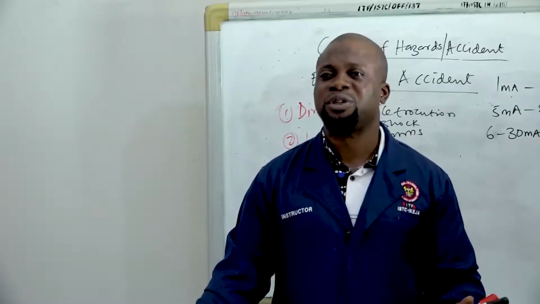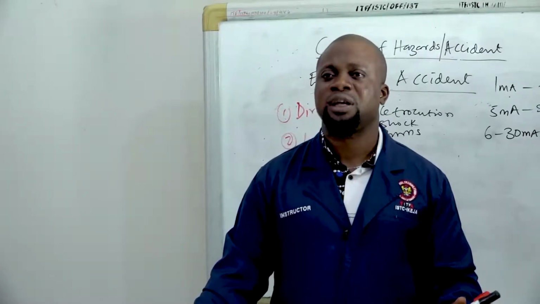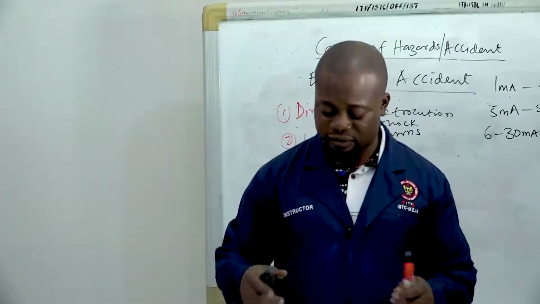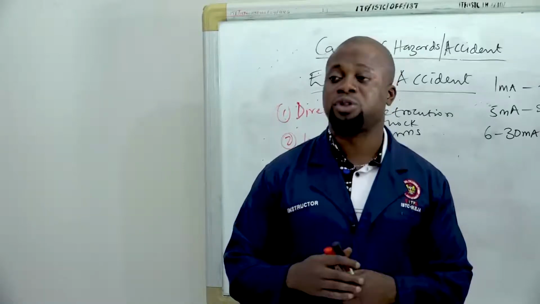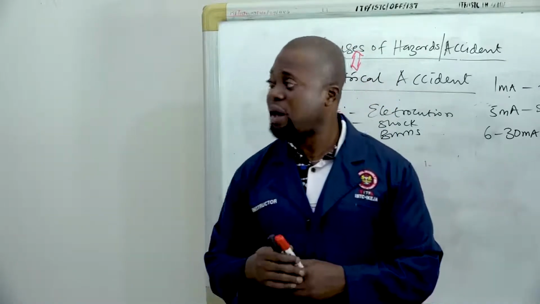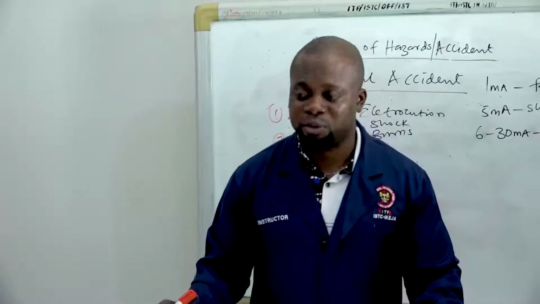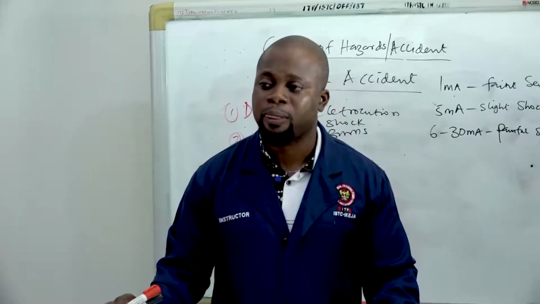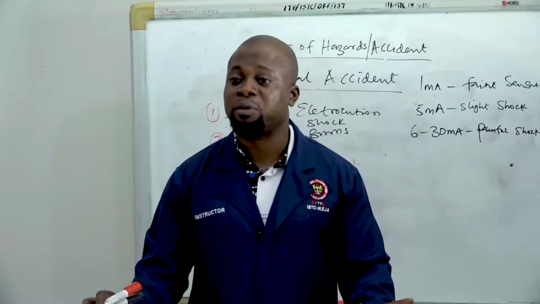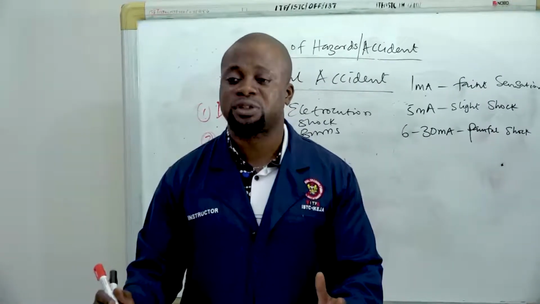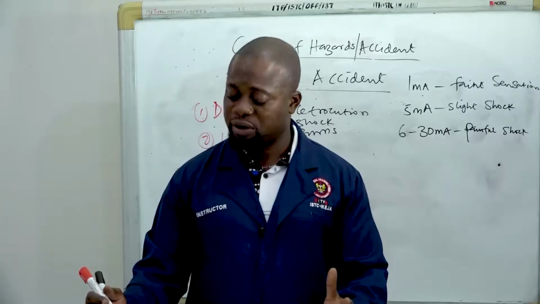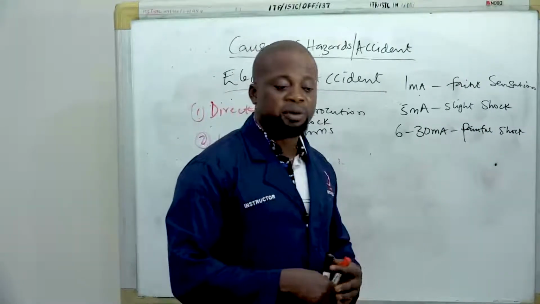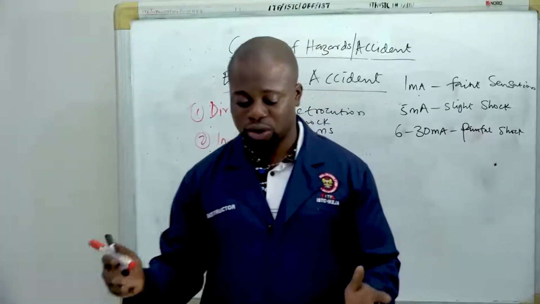Then secondary injury, like we have considered earlier. If all these are put into consideration, we'll be able to carry out electrical work perfectly without any injury or damage to our body or equipment. So you consider yourself first in carrying out electrical work, so that you are able to handle the equipment and the environment properly without any loss.